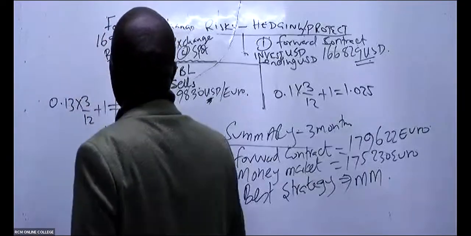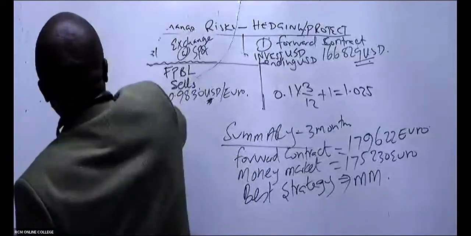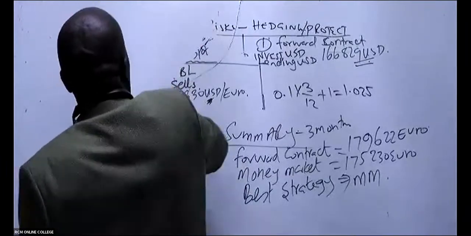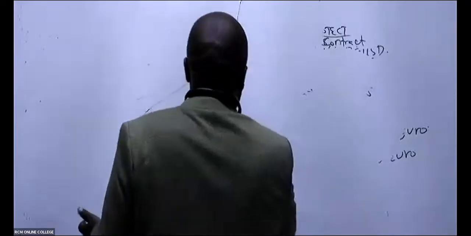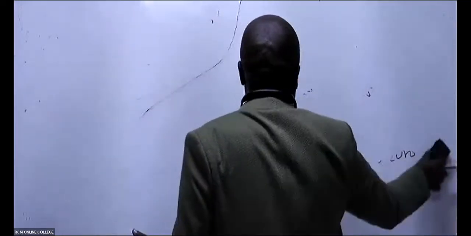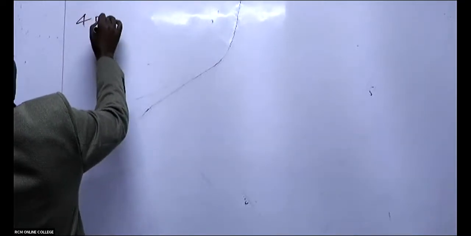So now we go to the 4 months. For 4 months we do forward contracts, money markets, and we make a decision. So we come here, ladies and gentlemen, and look at 4 months.